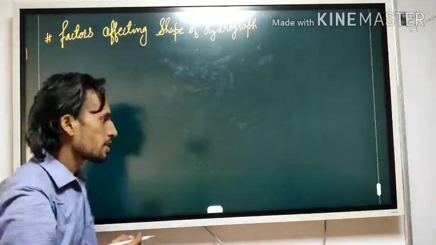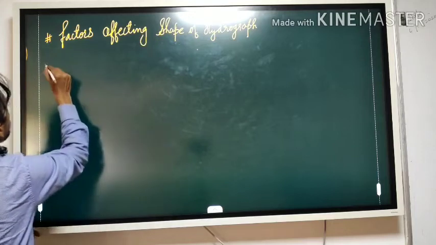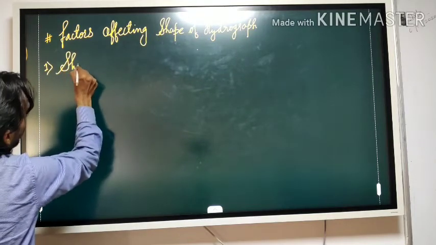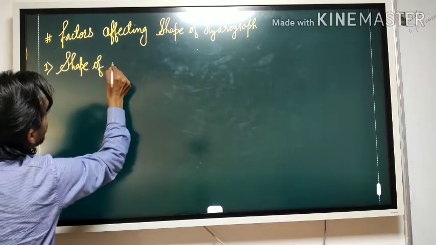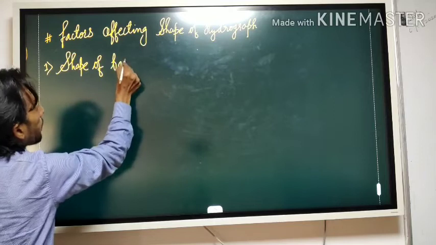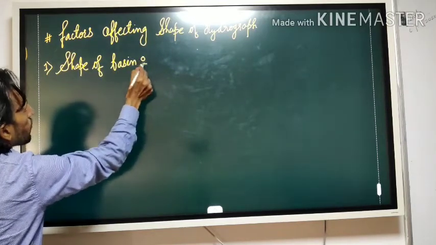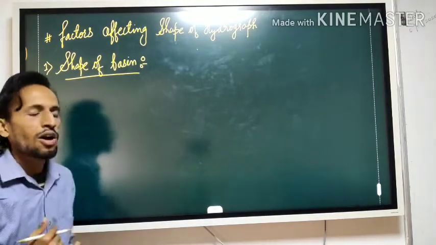The first one is the shape of basin. Shape of basin means shape of catchment area.